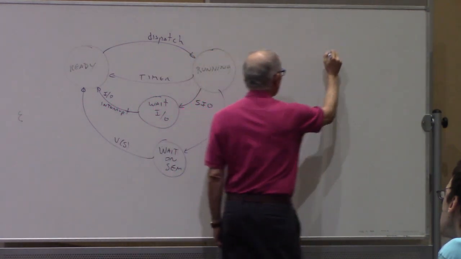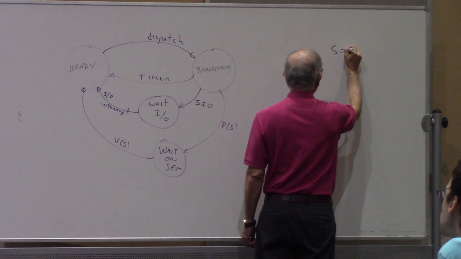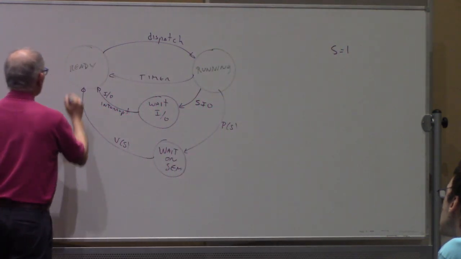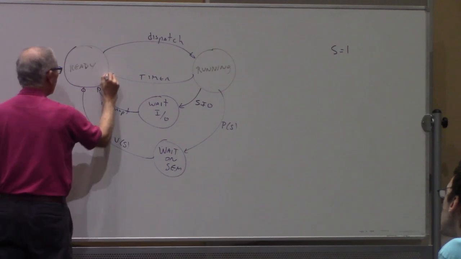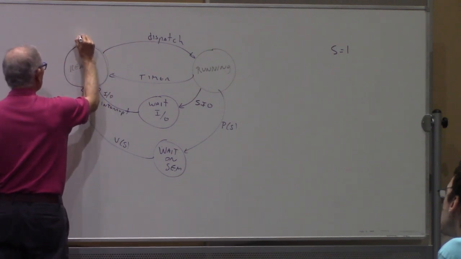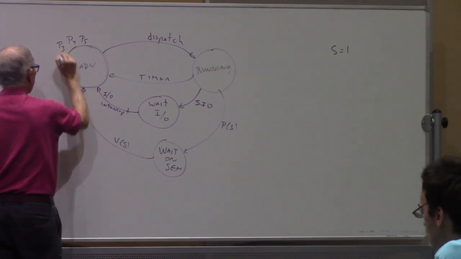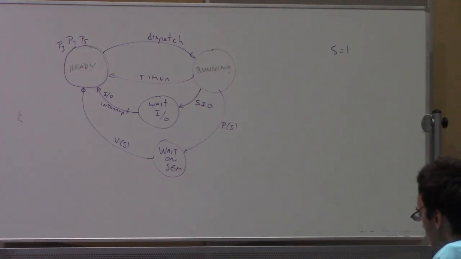Okay. S equal 1. And here we have P5. The operating system has to apply a scheduling algorithm to select which one is going to get the CPU.